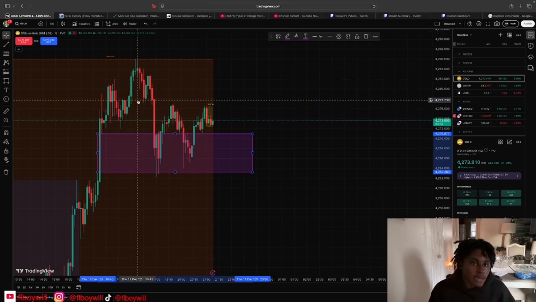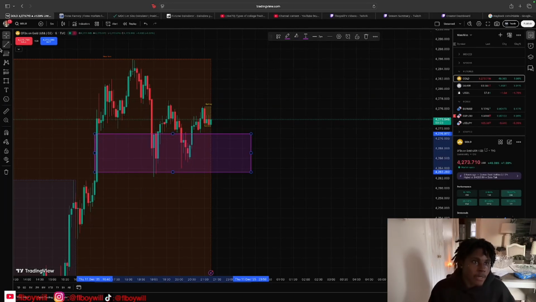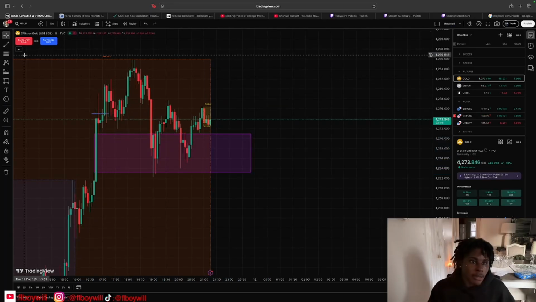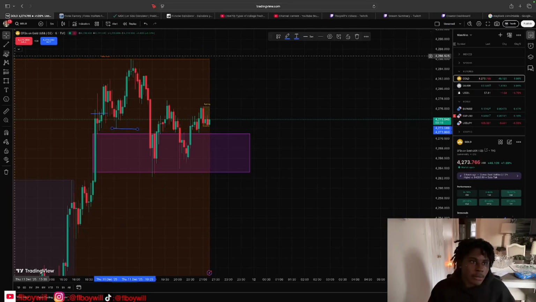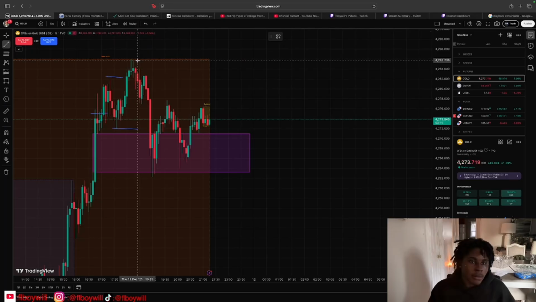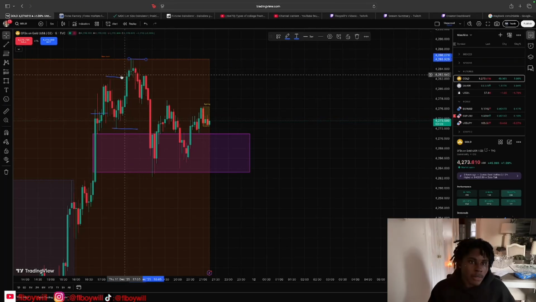What is this looking like? This is looking like a break of structure, because this closed under these candles, under these lows. Because high, it went high right here. High right here, low right here. High right here. High right here.